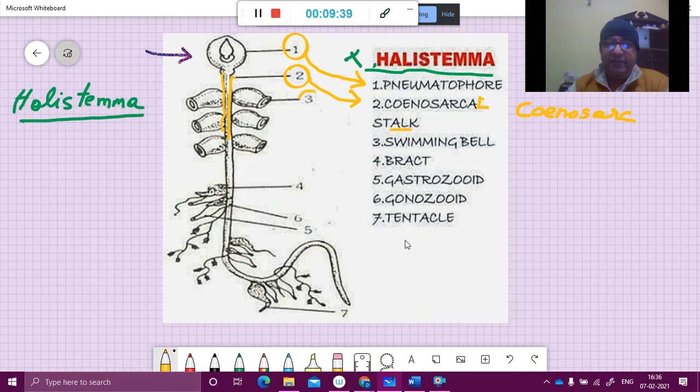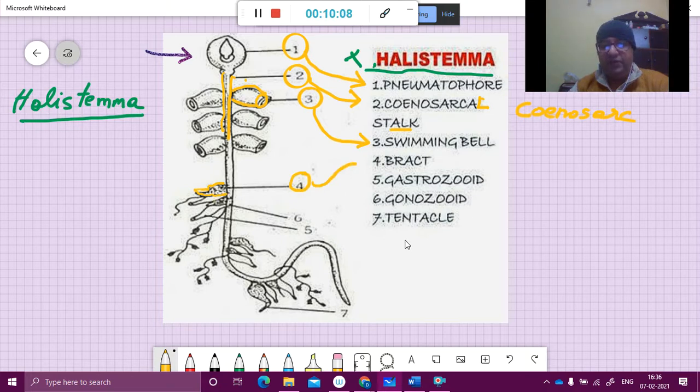Then number 3, you have these structures here. They are the swimming bells. They help the organism to move about. The Siphonophore moves around. Number 4, here you have a leaf-like structure.